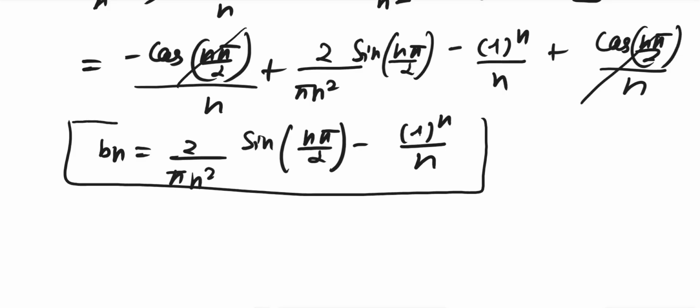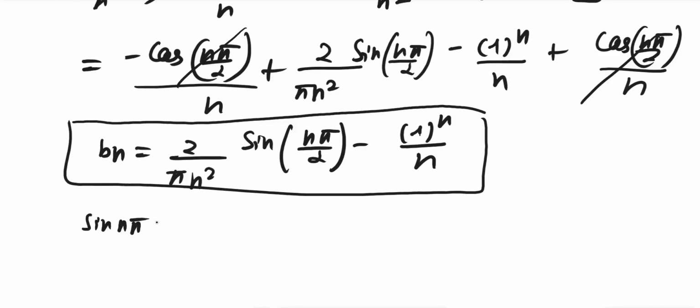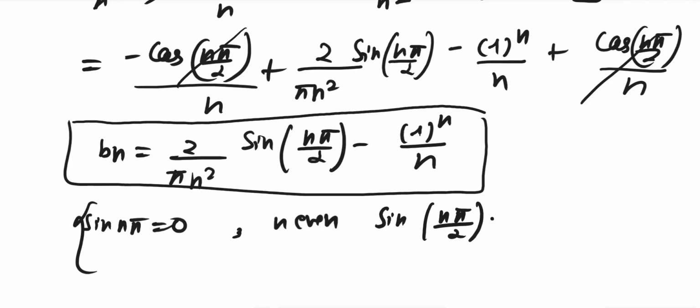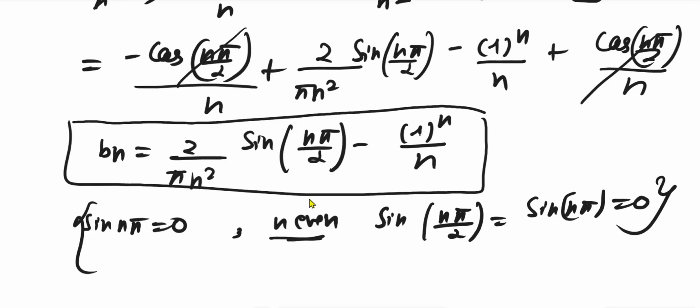Now bn we can also write like this, we can separate it for even and odd, which is when sin n pi is 0. We know this. But if n is even, then sin n pi by 2 will be sin n pi form, which is also 0. So when n is even, this whole part will be 0.